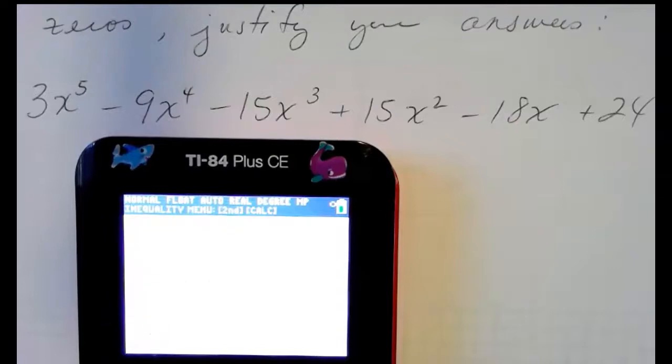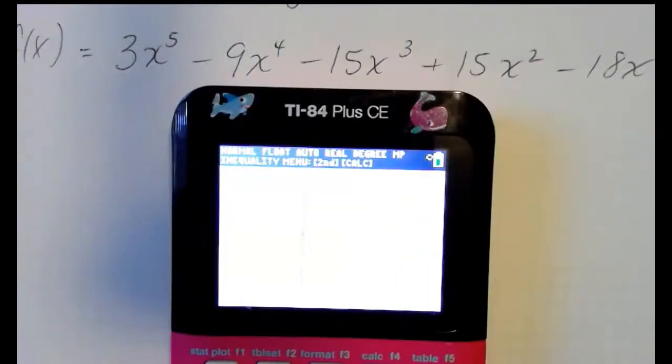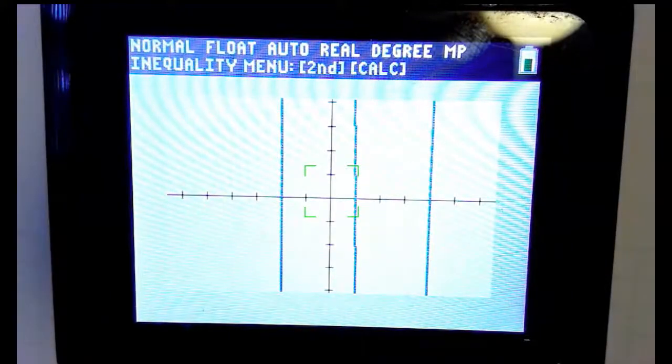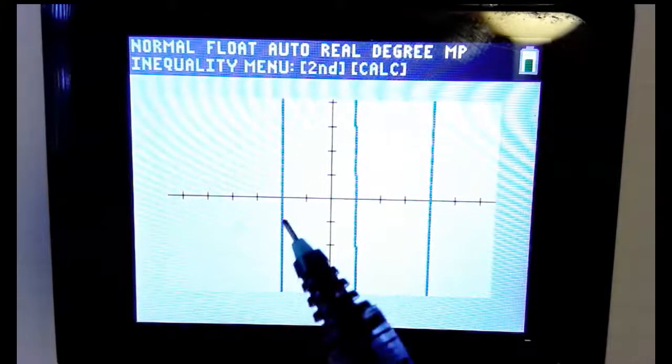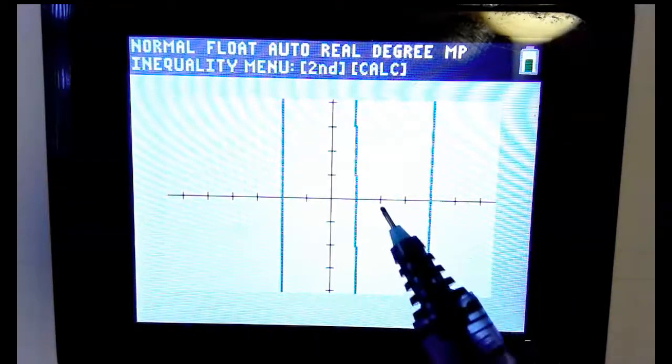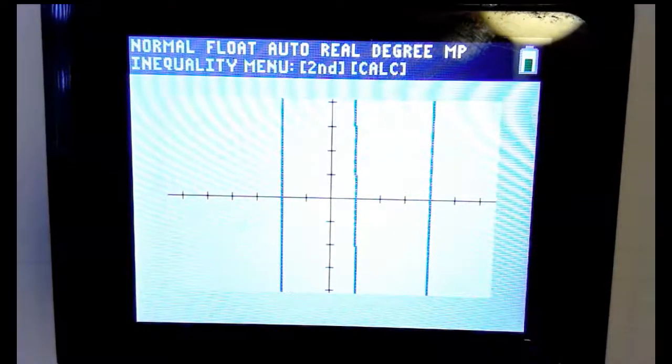So when we graph this function, we can already see that we have a 0 at negative 2, we have a 0 at positive 1, and 1, 2, 3, we have a 0 at 3. So we're able to see 3 of the zeros.